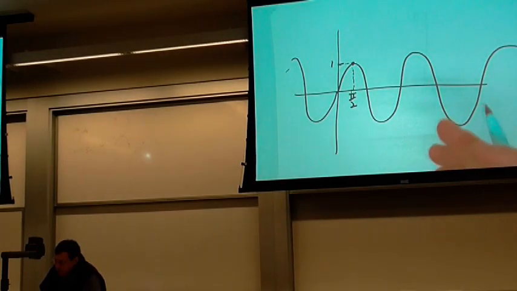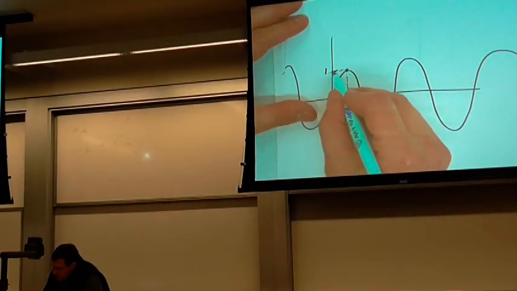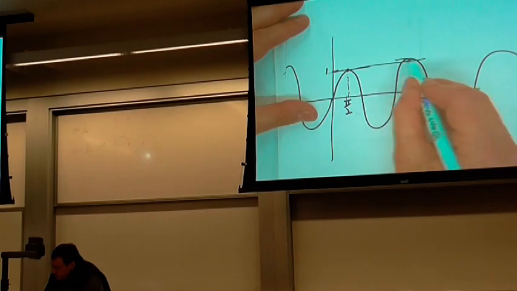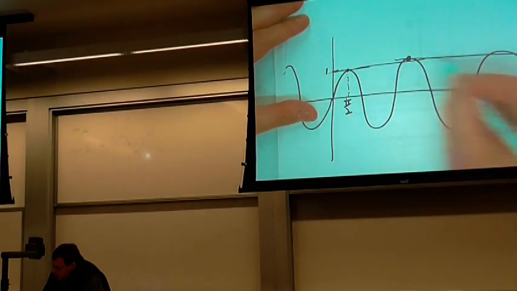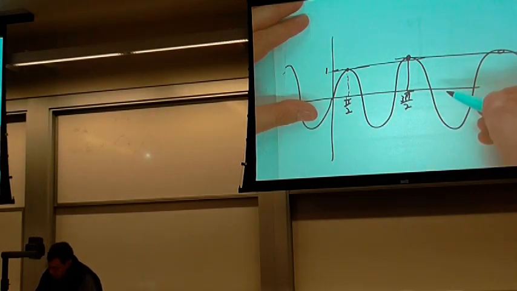But that's not the only number whose sine is 1, right? I can draw a horizontal line here, and I'll find that 3 pi over 2 also works.